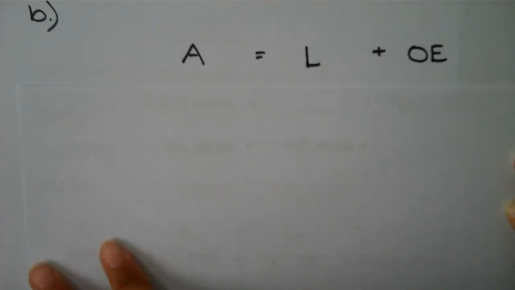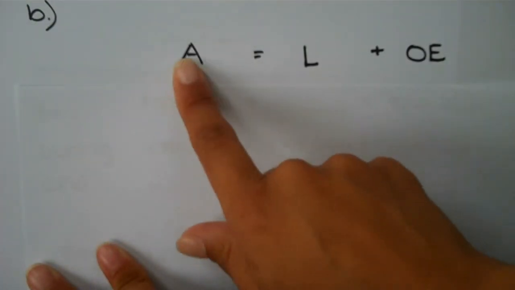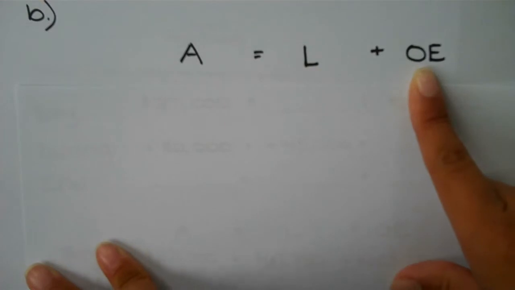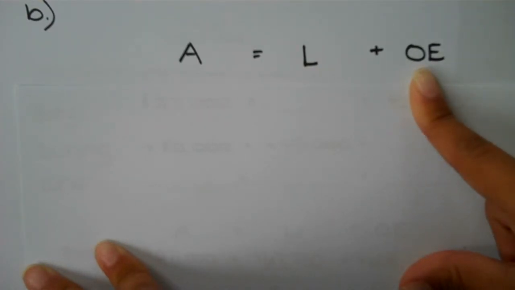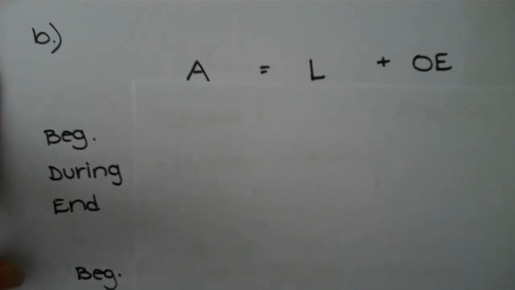Now that you've attempted part B of the sample problem, we'll go ahead and work through the solution. Again, I recommend setting up the problem by starting with your accounting equation, or ALO, assets equal liabilities plus owner's equity. Now they give you a lot of information in this problem at different points in the year. So my recommendation to help you organize this information is to go ahead and set up 3 rows of information.